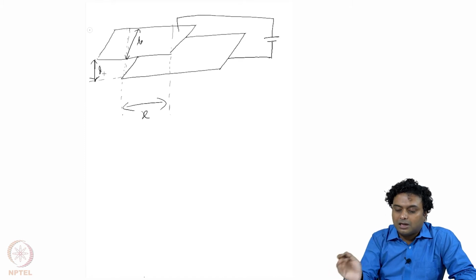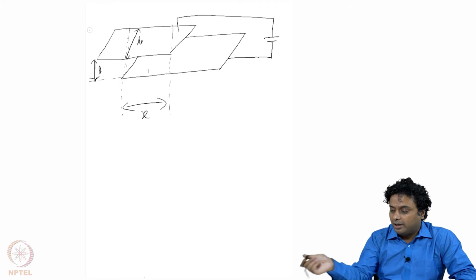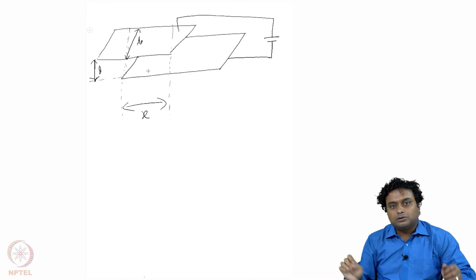The difference from the last case is that now they are not exactly on top of each other. They have an overlapping area of x, that is the bottom plate. Let us say both the plates were at the same place initially, then the bottom plate is moved away a little bit. So it is something like this.